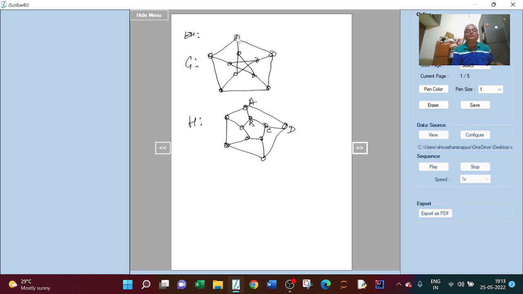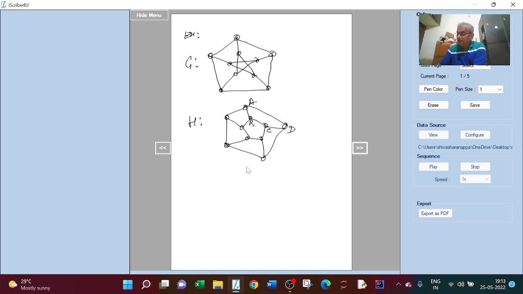If we start with this vertex, 1, 2, 3, 4, and come back here, there is no edge. So there is no cycle of length 4 in G. There is a cycle of length 4 in H. Therefore, we say that these two are not isomorphic.